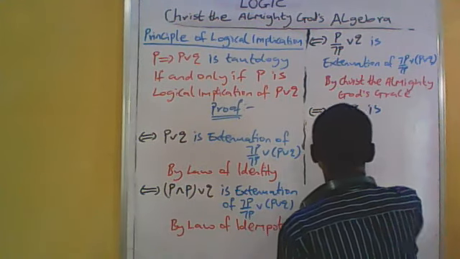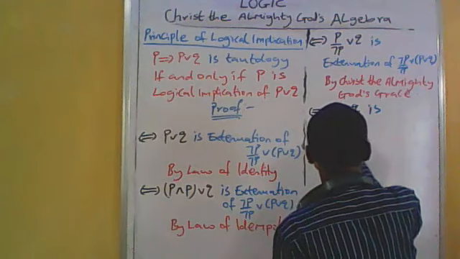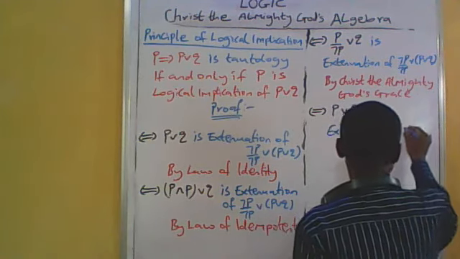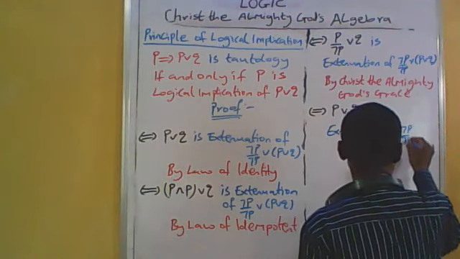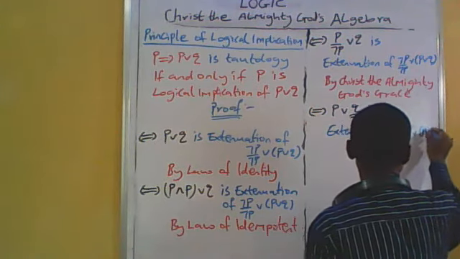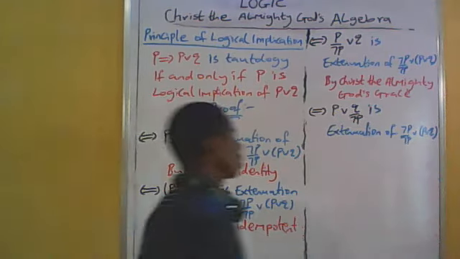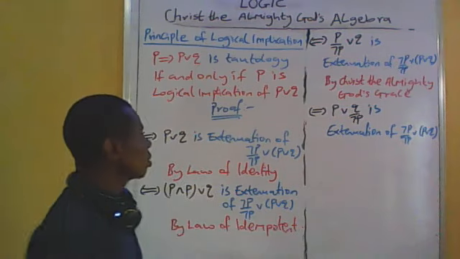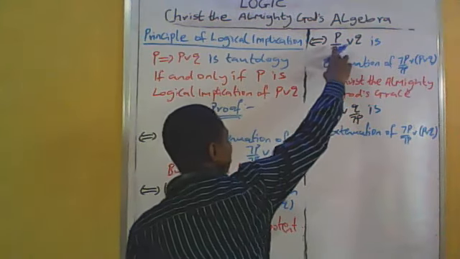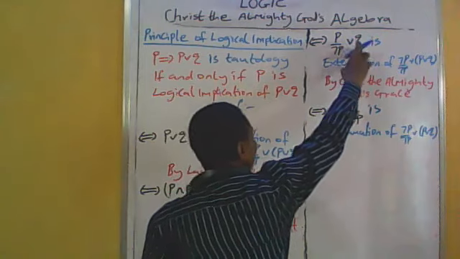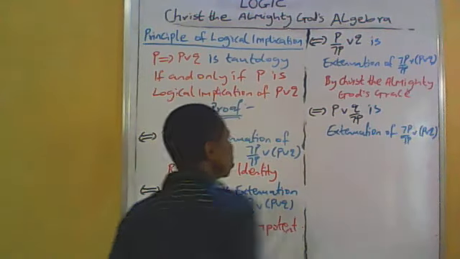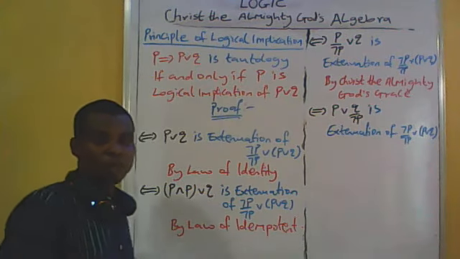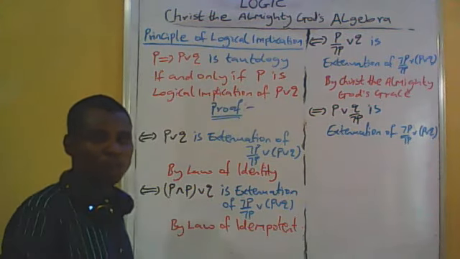Is extenuation of not P upon not P or bracket P or Q. So being justified by description of implication, because this not P is distributed to this second disjunct Q. So through the description of implication, it's been justified by distribution of implication.